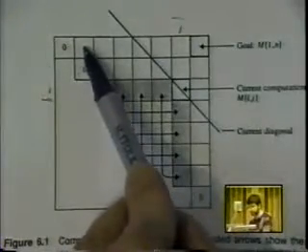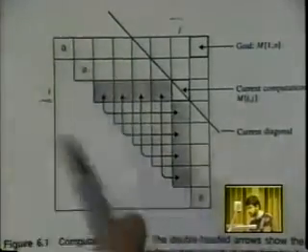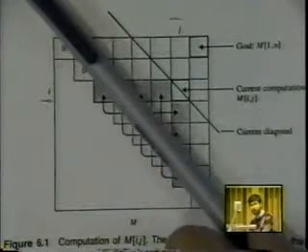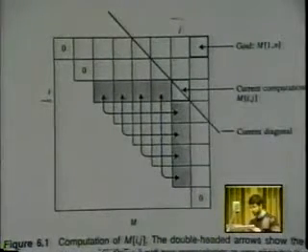The difference between i and j defines which diagonal we're at. So when we go from i to i, that's the 0th diagonal. i to i plus 1, that's the first diagonal, second diagonal, third diagonal, dot dot dot. What's the point here?